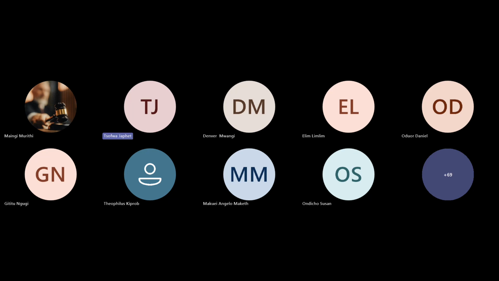Maybe reminding ourselves of the Salomon versus Salomon case, which specifically established the principle of corporate personality. It speaks to that principle where a company is held as a legal person, and therefore it can sue and be sued in its own name.